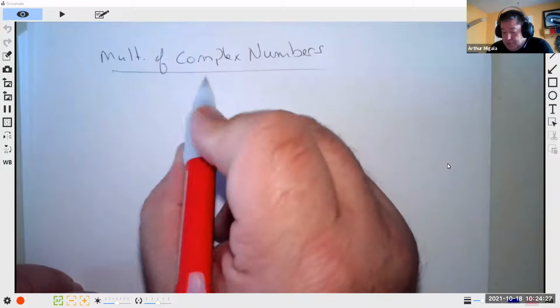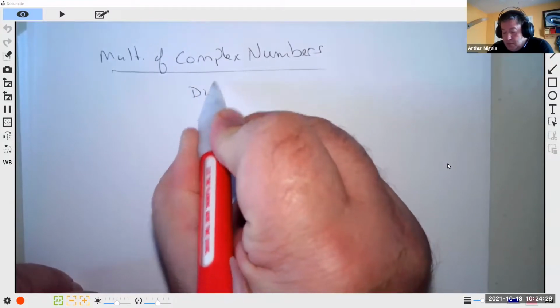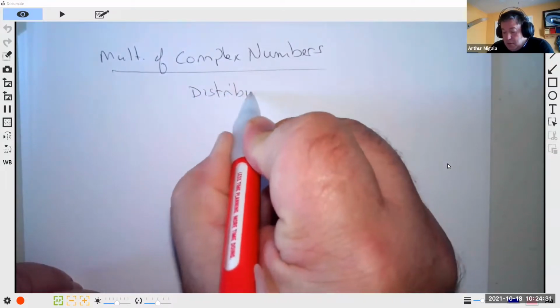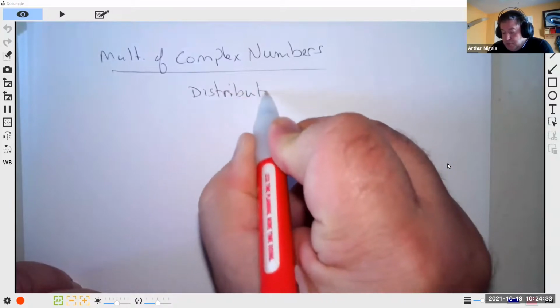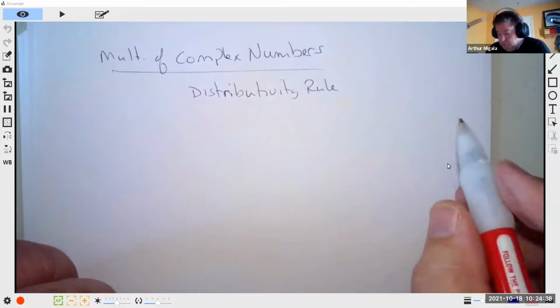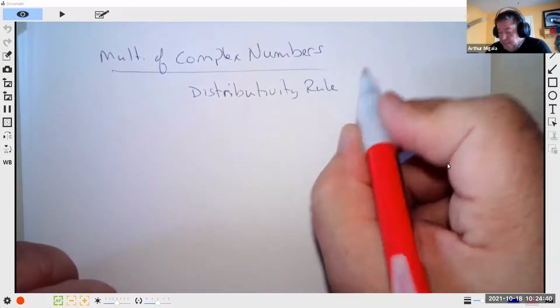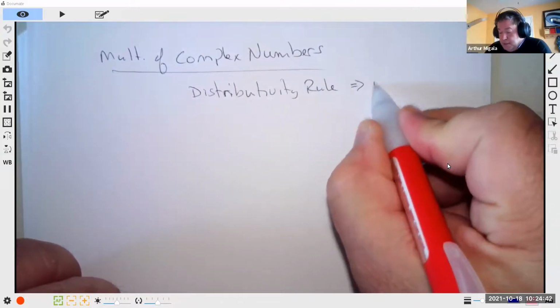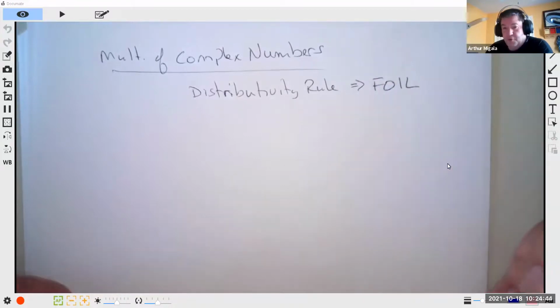To do this, the distributivity rule, or more so, a method called the FOIL method.